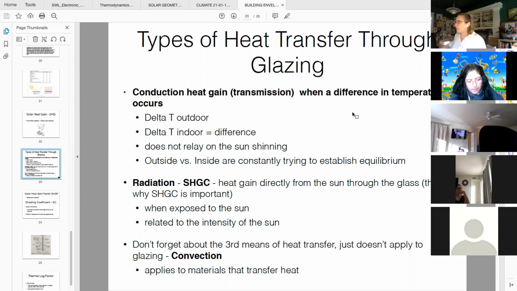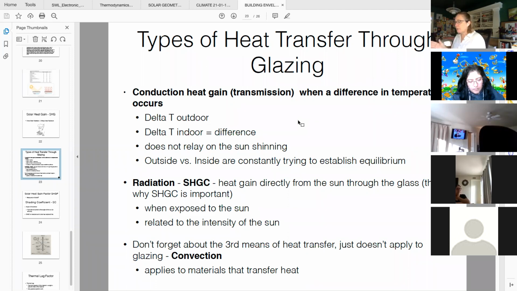Okay, so we talked about our solar heat gain coefficient, but it's important to understand all the different types of heat gain that come through your glazing surfaces. So you're going to get some conduction that is going to come straight through, and that is going to be dependent on the temperature differential between the outdoor and the indoor.